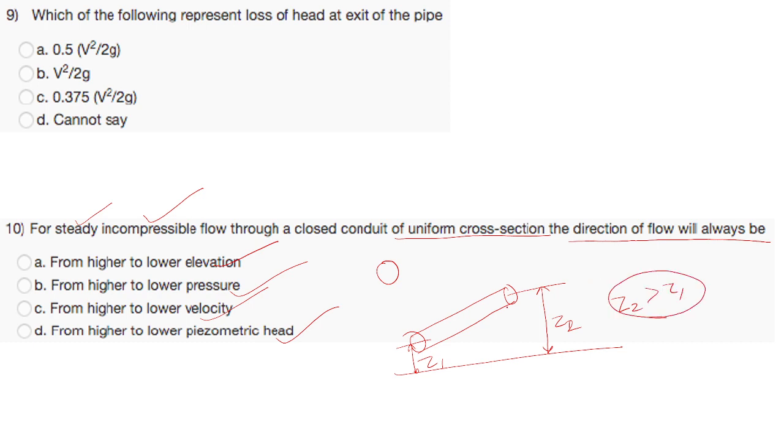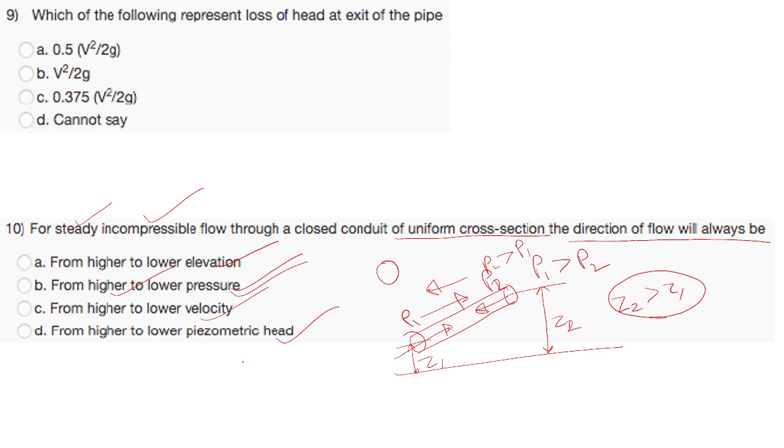It does not mean that your flow will be from here to here. It may be the flow from this side to this side. If the pressure here, P1, is greater than P2, flow is possible in this direction. If P2 is greater than P1, flow is possible in the other direction. So from higher to lower pressure, flow will happen in the pipe.